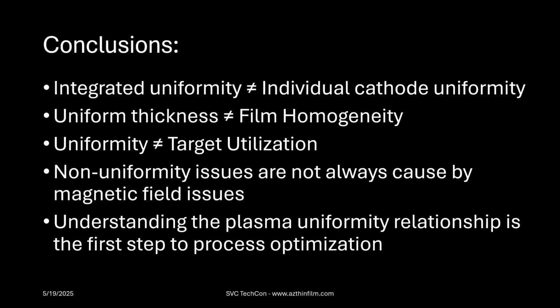And understanding the plasma uniformity relationship is the first step to process optimization. So if you don't understand how your individual targets are sputtering and what deposition profile is coming off of them, it's really hard to, say, tune your index of refraction or other coating properties.